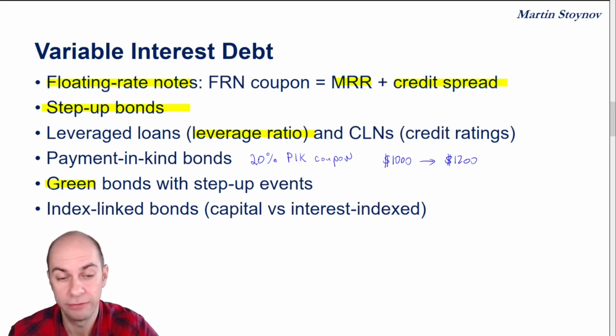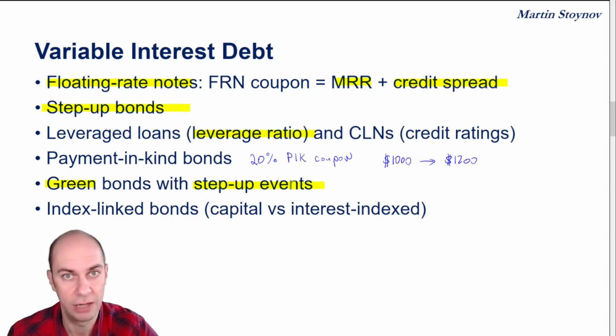The word green here, of course, suggests that these bonds' proceeds are used for some sort of environmentally friendly project. So, for example, reducing CO2 emissions. So the government here issues the green bond for the project, but there is a step-up event, to motivate the issuer to achieve its goals, right?